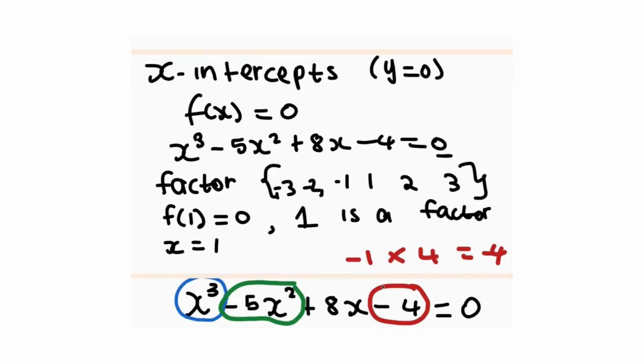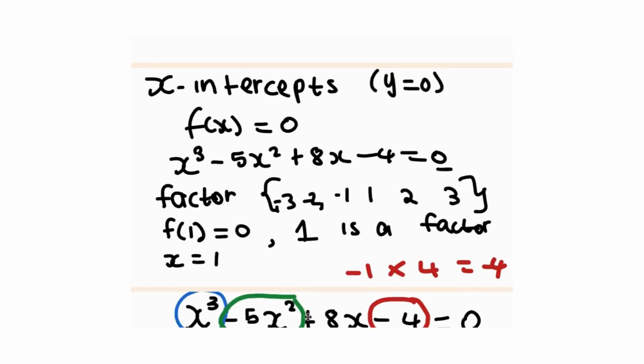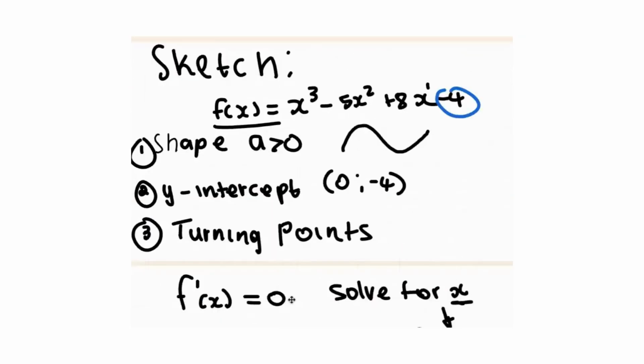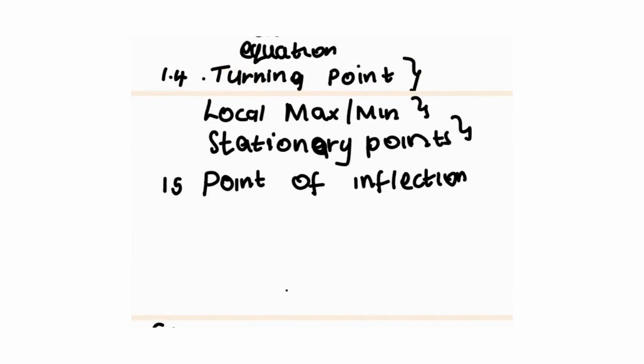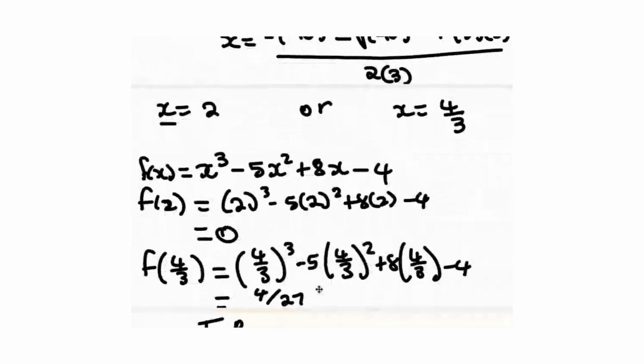I did mention earlier that we also need the point of inflection, but because there's a lot of theory that I want to highlight under it, I'm just going to sketch the graph without working out the point of inflection. Then as we move along with the lesson, we are going to cover the point of inflection and get the story about it. So the shape of the graph, we have stated that it starts with a local maximum, followed by a local minimum.